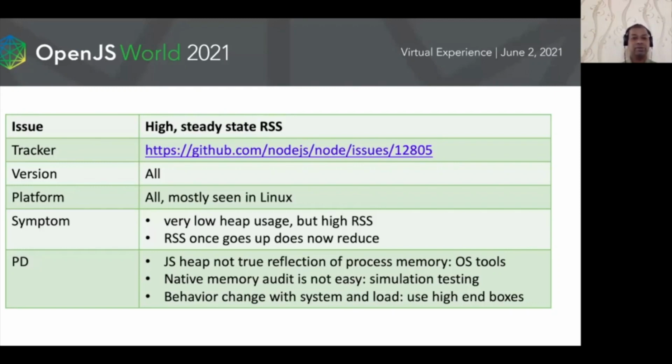As we know, there are operating system primitives to allocate and deallocate memory to and from the process. Now, at any given point in time, the allocated or deallocated memory is not necessarily a true reflection of the actual memory accounted for the process.